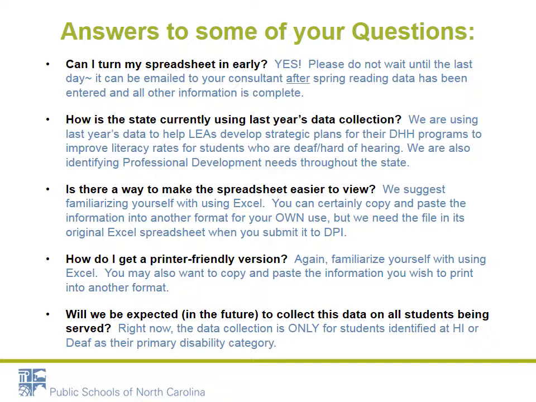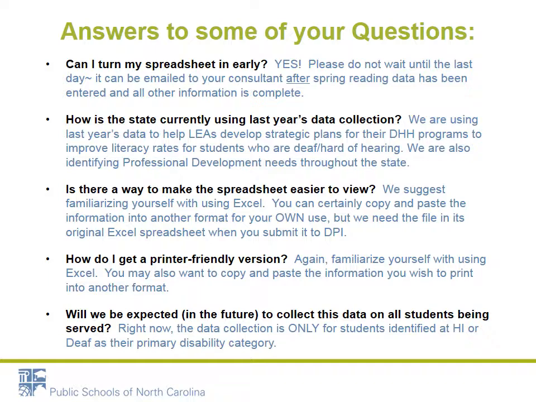Is there a way to make the spreadsheet easier to view? We suggest familiarizing yourself using Excel. You can certainly copy and paste the information into another format for your own use, but we need the file in its original Excel spreadsheet when you submit it to DPI. How do I get a printer-friendly version?